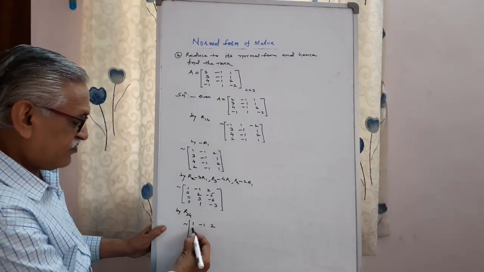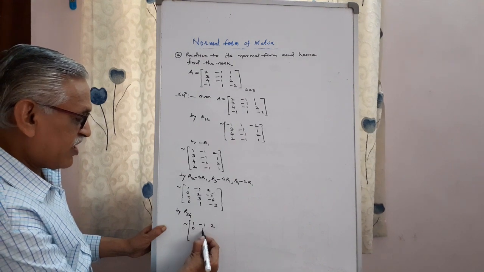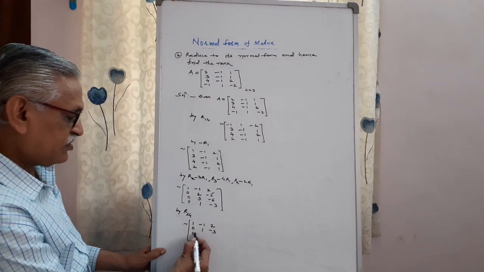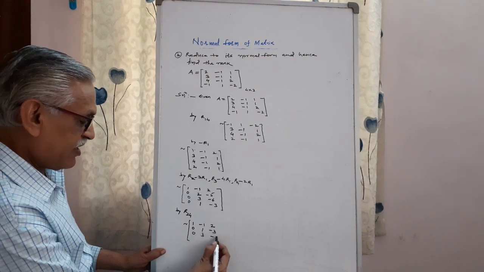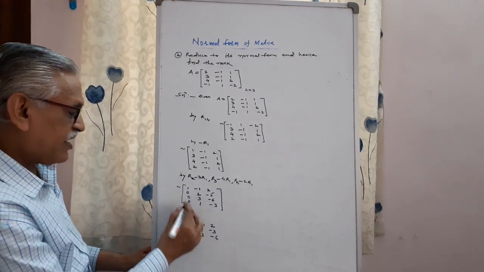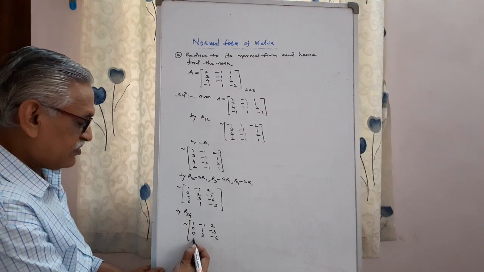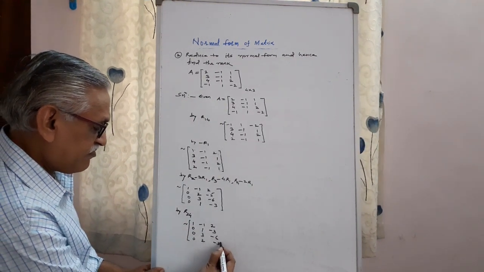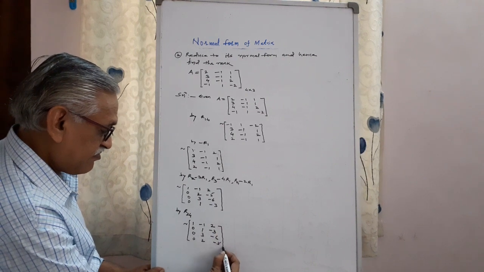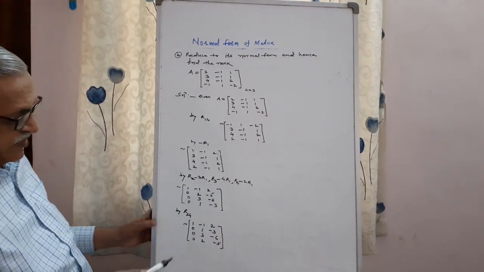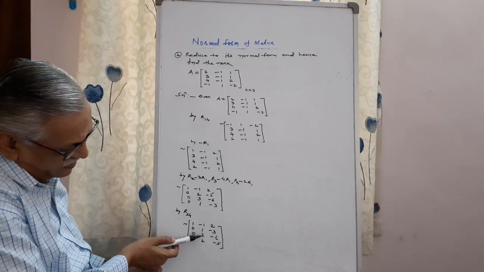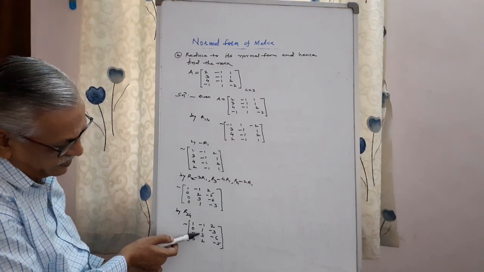Second row 0, 1, -3. Third row no change, 0, 3, -6. And the fourth becomes 0, 2, -5.